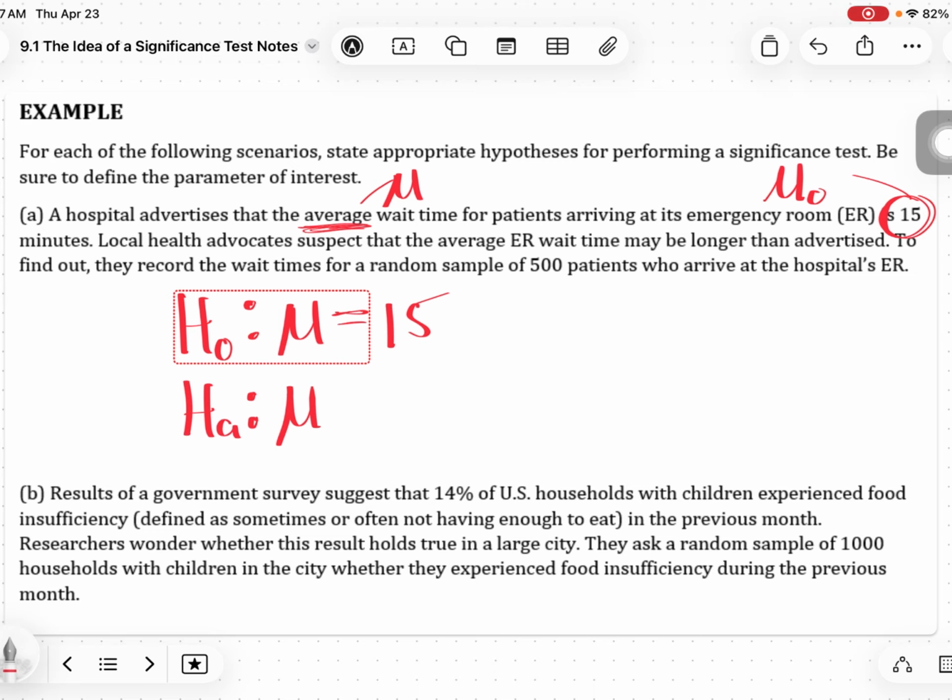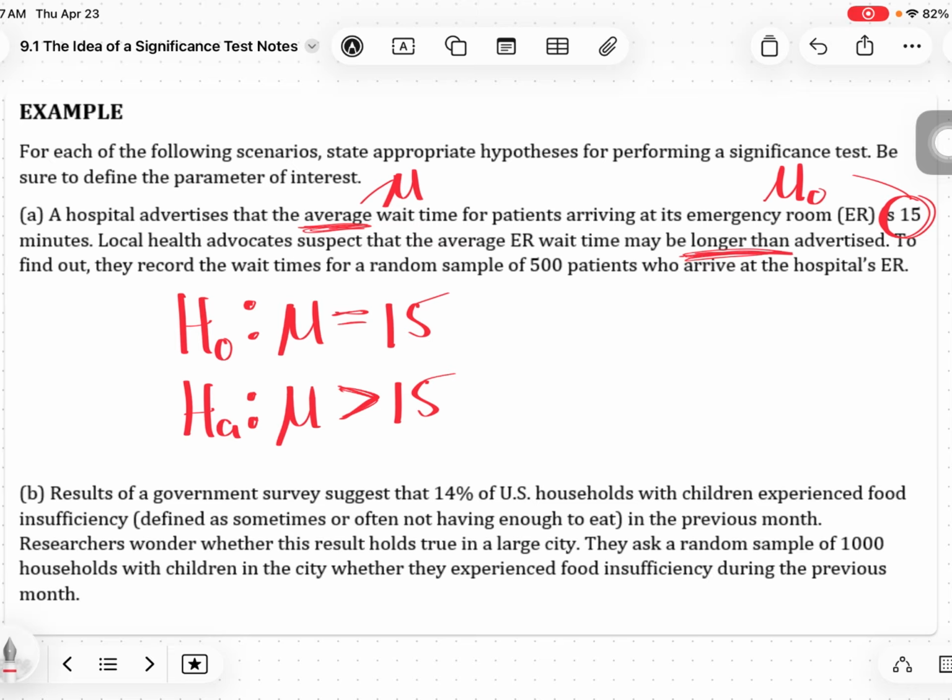And so now we just need to figure out what is our alternative hypothesis. And they're saying they think that it is longer. And so we're going to use a greater than alternative. Greater than meaning longer. If we said shorter, then we'd use less than. If we said something like different, then we would just use not equals to.